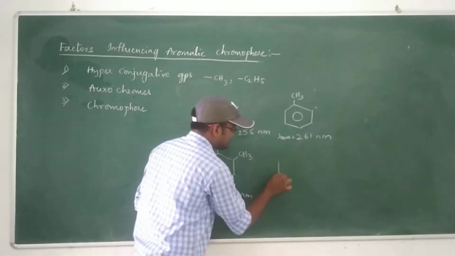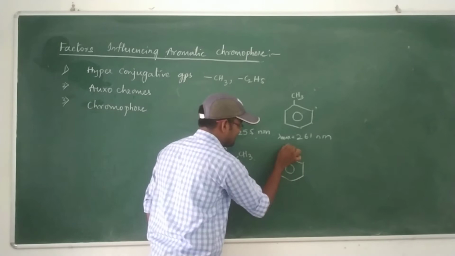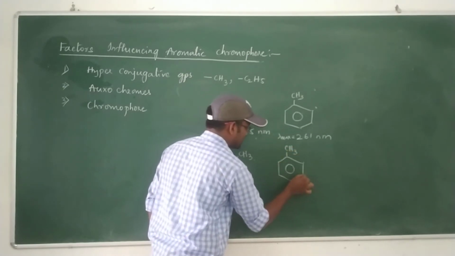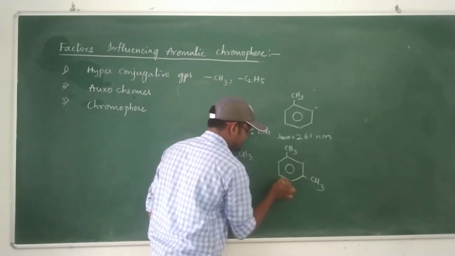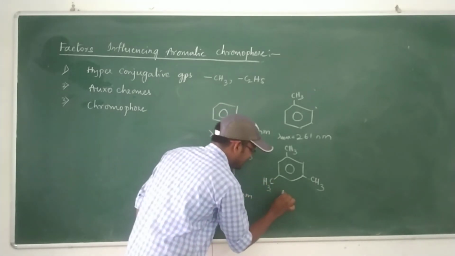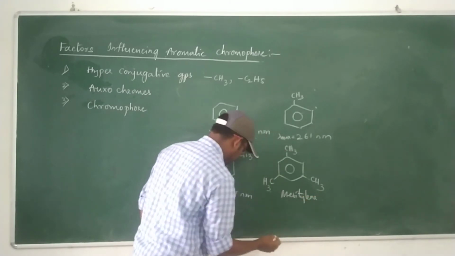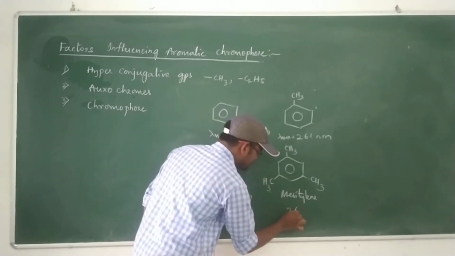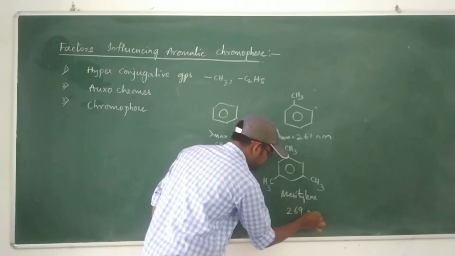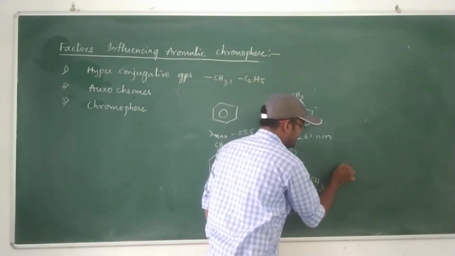Next, symmetrical trimethyl benzene, which looks like CH3, CH3, CH3. This is also known as mesitylene. Mesitylene shows 269 nanometers, so the lambda max value increases.